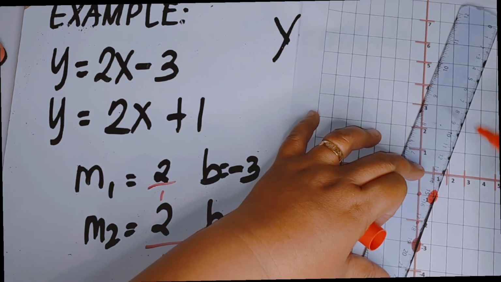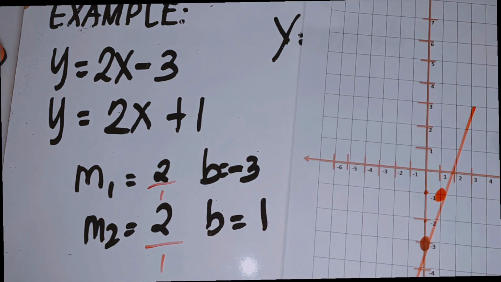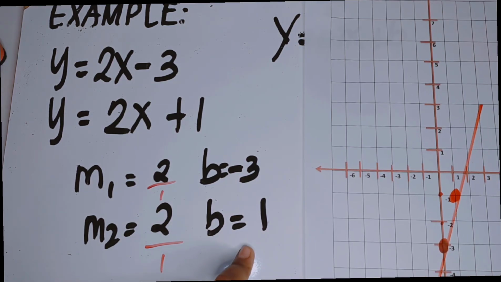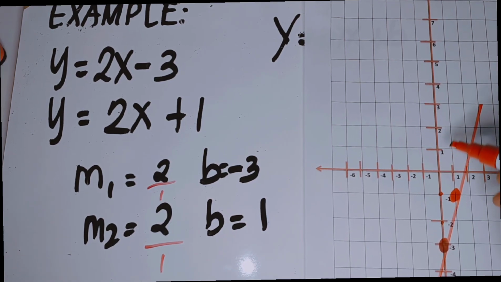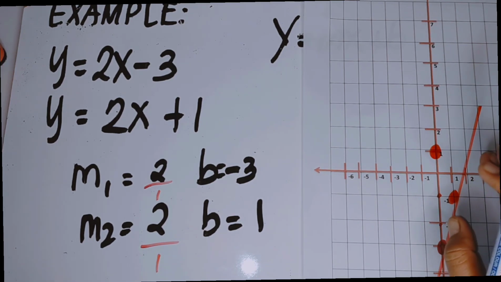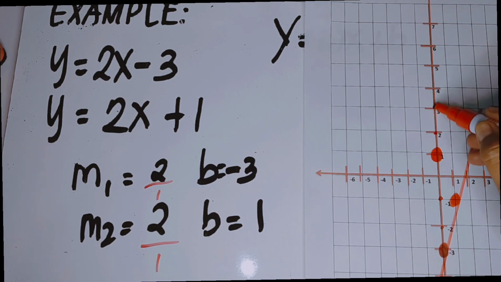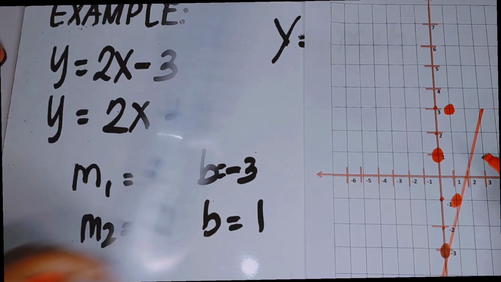So, ito yung first line natin. The next equation. Kung mapapansin nyo, ang y-intercept ng second equation is positive 1. So, dito tayo magsisimula. Kapag nagsimula na tayo, same pa rin ang slope niya, 2/1, aakyat ng dalawang beses, then yan, step pa kanan ng isang beses.